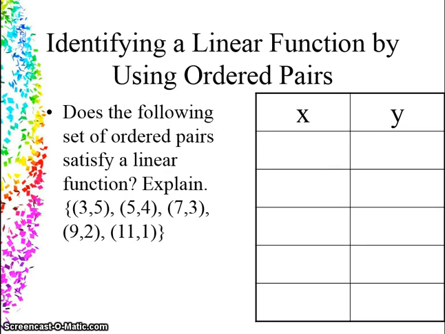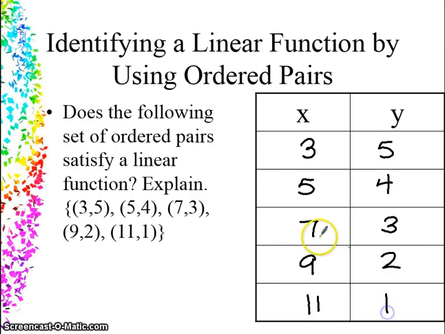Now, we'll use the same strategies if we have a set of ordered pairs. We'll just organize them into the input-output table. So we have the ordered pairs (3, 5), (5, 4), (7, 3), (9, 2), and (11, 1). And we can see we're going up 2, up 2, up 2, up 2.